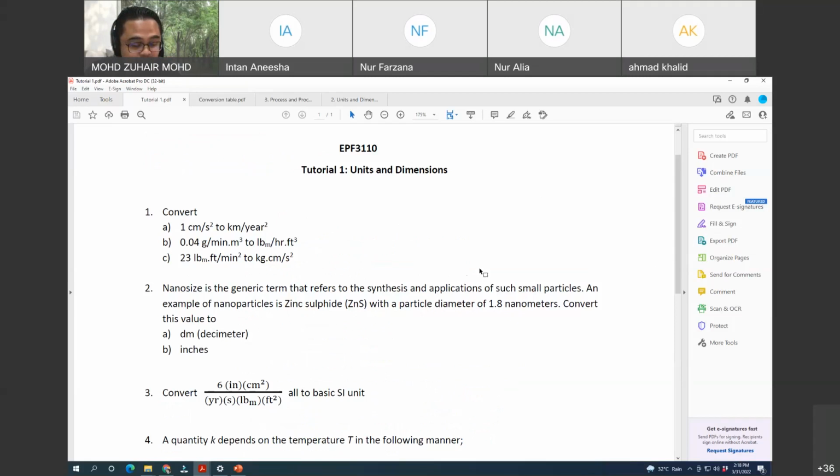The answer is 9.95 times 10 to the power of 9 kilometer per year squared. Okay, good. So let's try together and see whether we are going to get that answer.